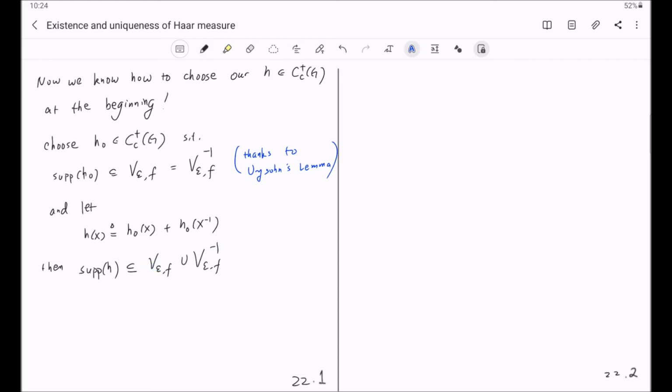But this guy is symmetric, so they're actually the same, which is again contained in V_0 by our choice of this.